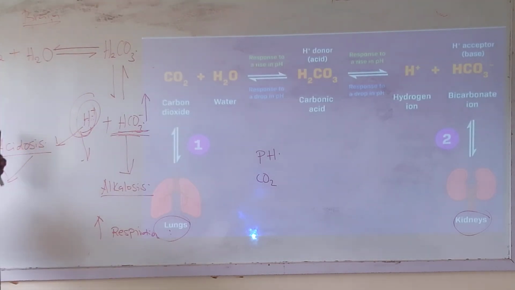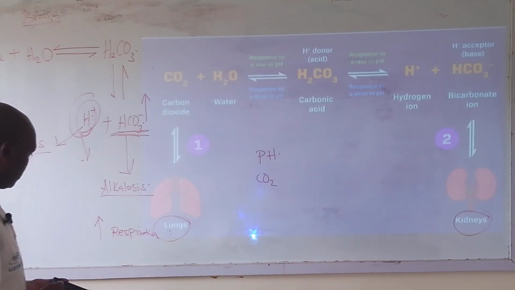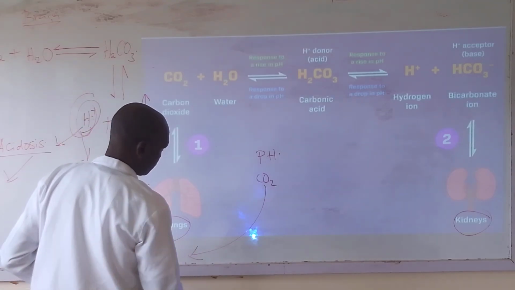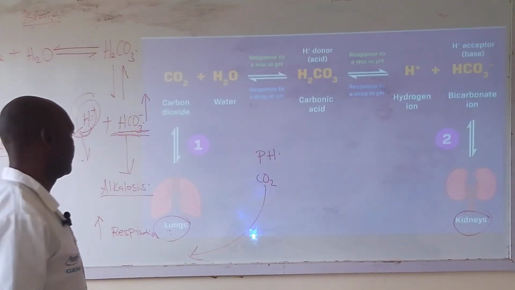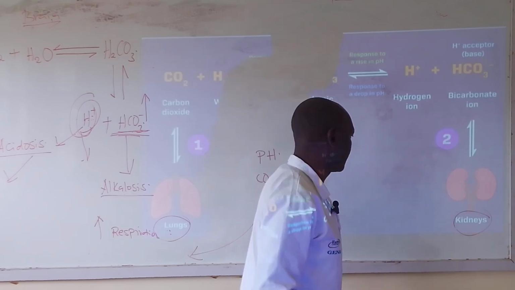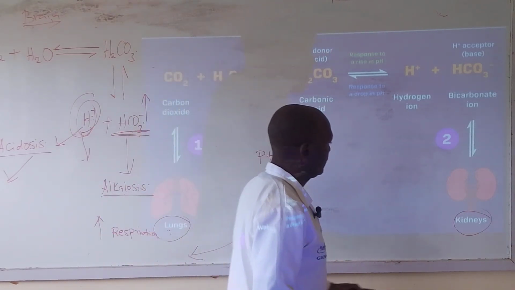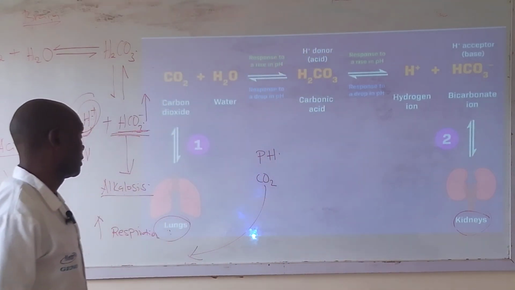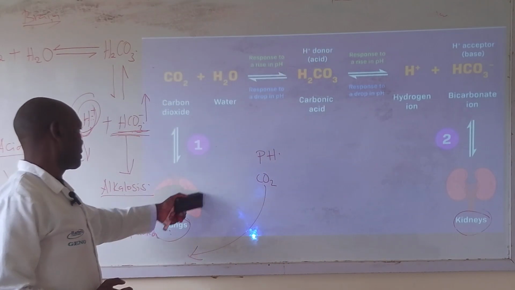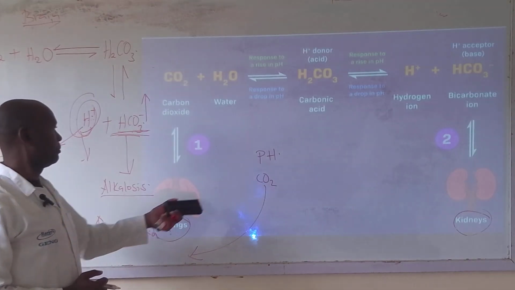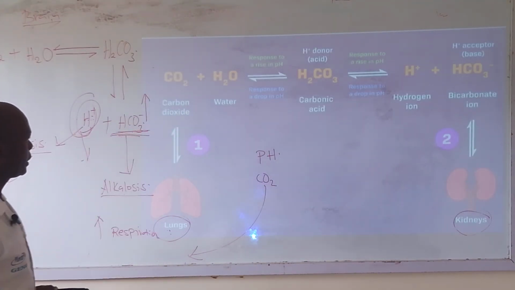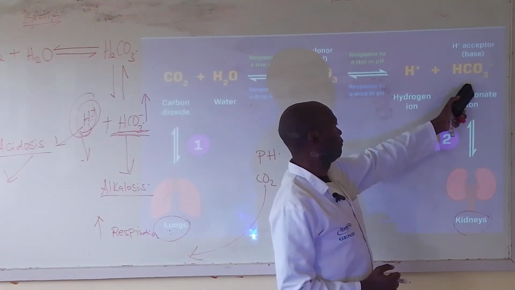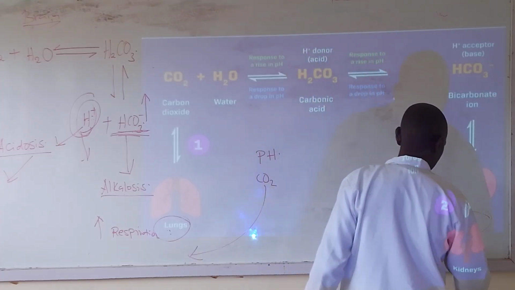So the brain will stimulate the respiratory system to increase respiration so as to remove the excess CO2 that has accumulated in the body. The same thing applies to the kidneys. When there is alkalosis, the kidneys are supposed to increase excretion of bicarbonates to balance. So the lungs will increase respiration to remove CO2 in cases of acidosis, while the kidneys will increase the rate of removal of bicarbonates in case of alkalosis.